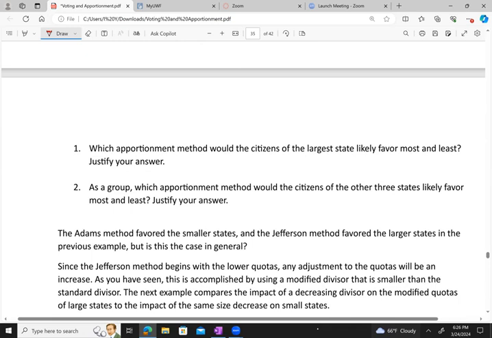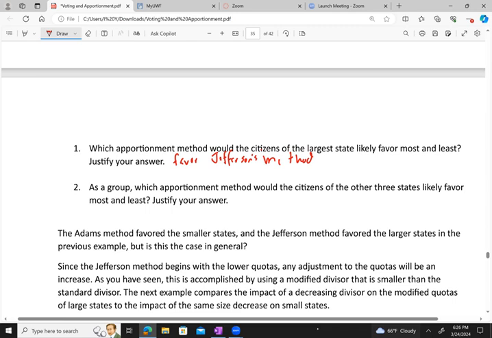which apportionment method would the citizens of the largest state likely favor? The largest state was Mississippi, and they would favor Jefferson's method because it gave them the most representatives.